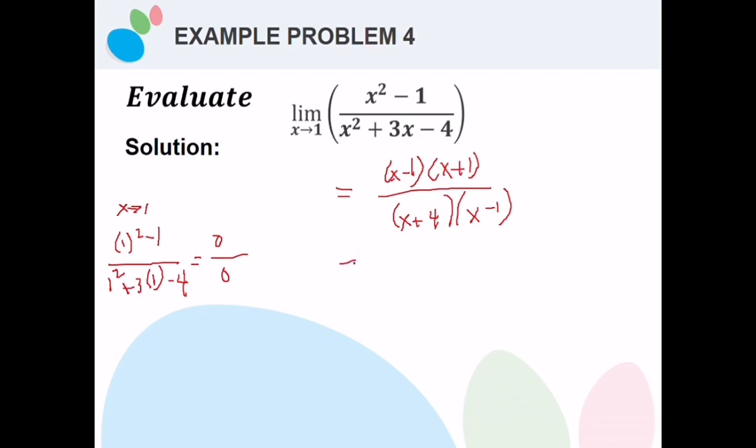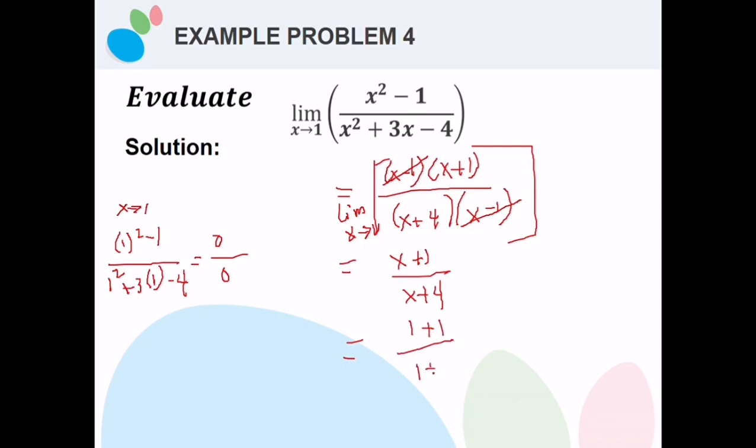Therefore, with the limit as x approaches positive 1, the x minus 1 will be cancelled out. The remaining function is only x plus 1 divided by x plus 4. Now, if we substitute x approaches 1, we get 1 plus 1 divided by 1 plus 4. Therefore, our answer is 2 over 5.